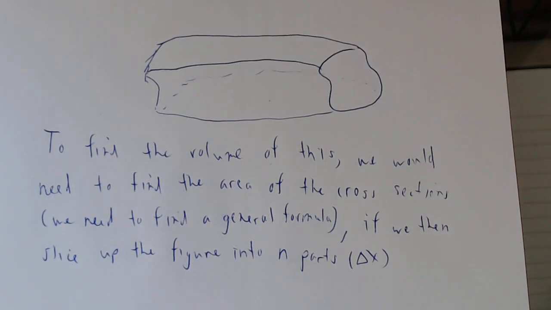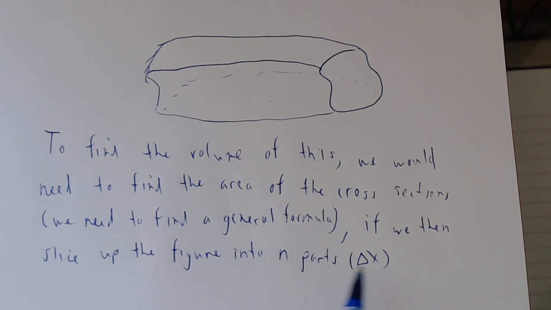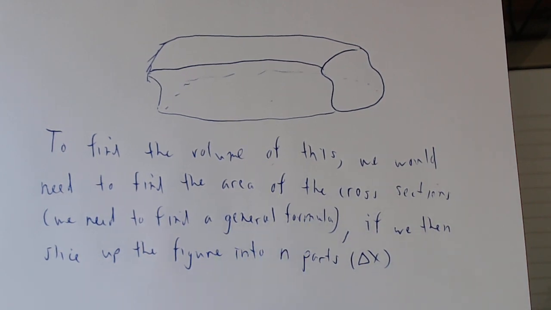Now, if you remember, you'll see where the delta x comes into play. When we were finding the area under the curve, we would first come up with a general formula where we would divide up the subinterval into n parts, which is a finite number, and then we'd find the area of each rectangle and add them up, and that was actually an estimate. So that's where we're headed here.